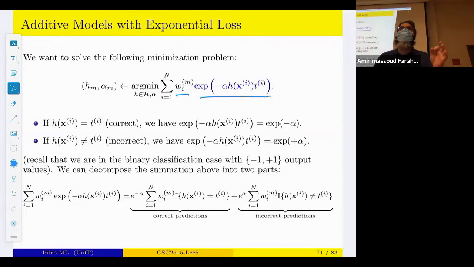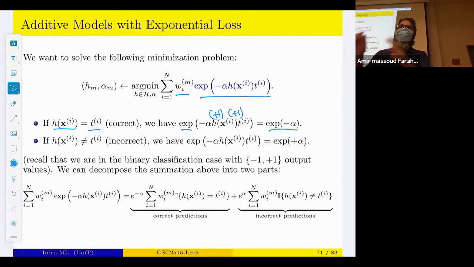So either the prediction is the same as the target. If h of x_i is the same as t_i, what we get for that exponential term is the exponential of minus alpha times +1 times +1, or times -1 times -1, which would be the exponential of minus alpha.